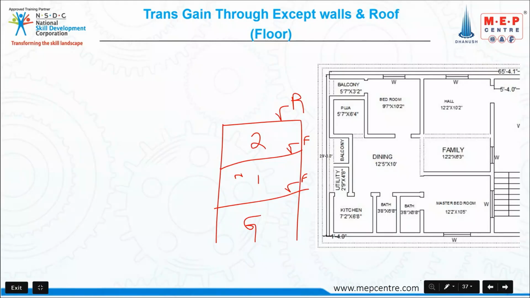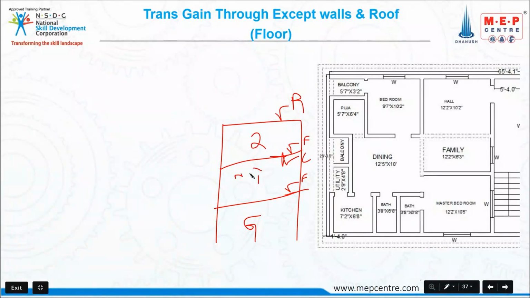Clear? Now फर्स्ट फ्लोर के लिए ये फ्लोर है ना, ये फ्लोर है, तब ये क्या होता है? Ceiling. It will become ceiling. Yes. Just you need to imagine where you are. This is ceiling.